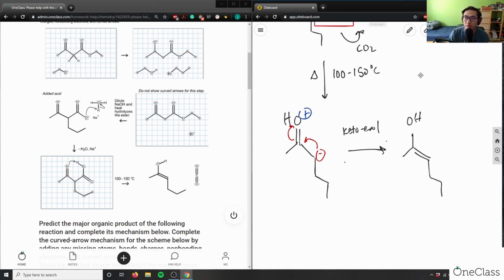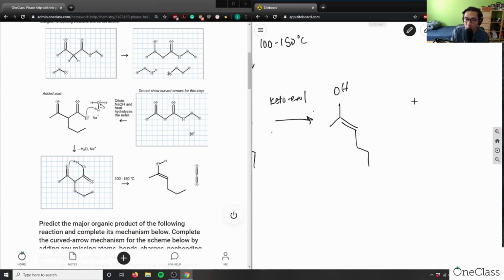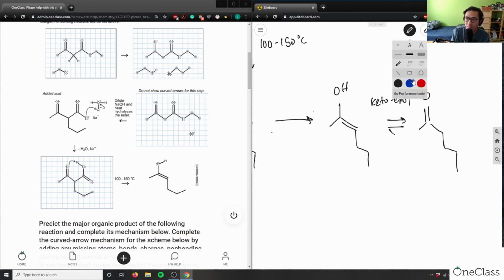And then again, it can tautomerize to form a ketone here, right? So I have O here, and then my compound here. So this step is the tautomerization. This is the keto-enol, right? This here was an enolate before, and this here is a ketone.